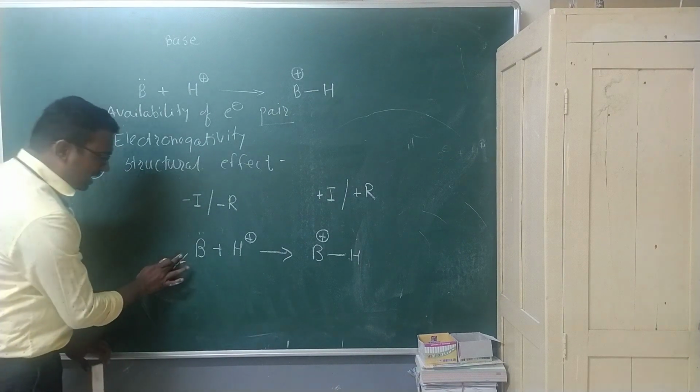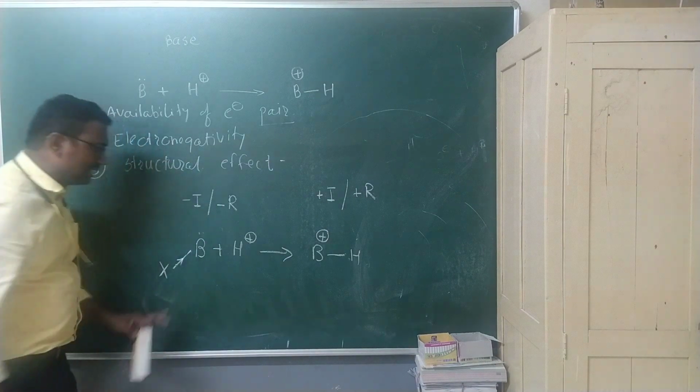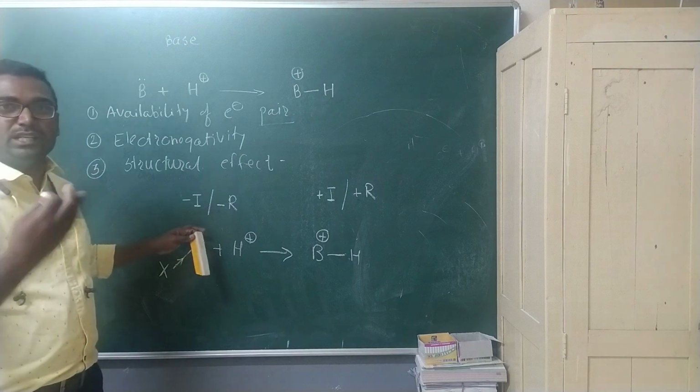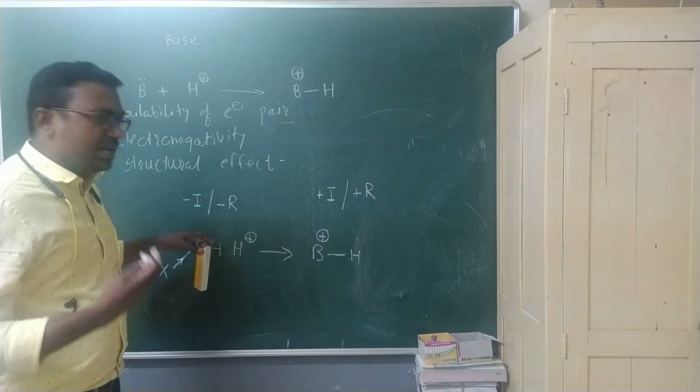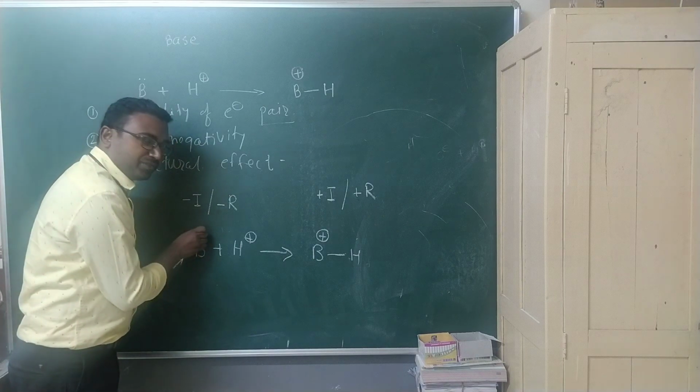And if X is any atom which can donate electrons to the base, in that condition the charge present on the base will increase, and the base will have higher electron density.